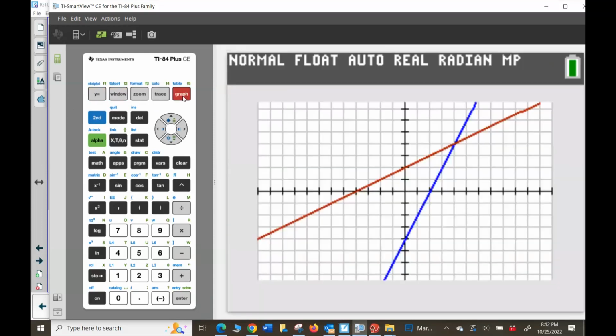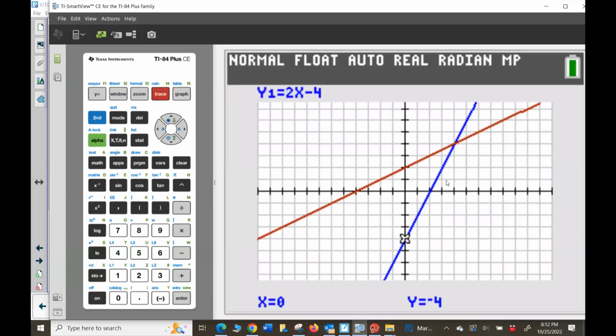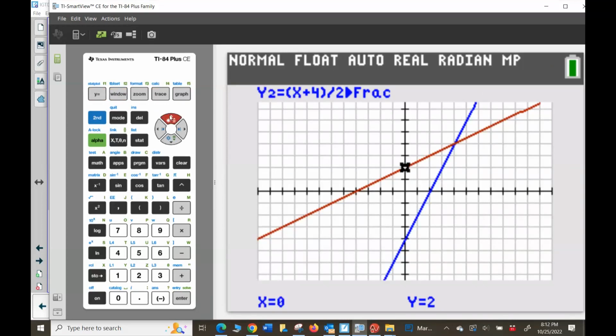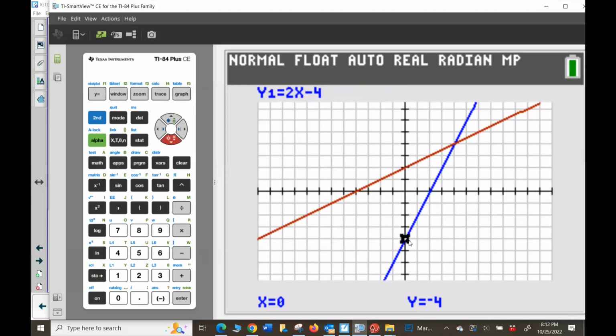So if I go ahead and graph these, at first you look, here's the blue, the original function, y equals 2x minus 4. And then the other function is the quantity of x plus 4 all divided by 2. One of the things I would want my students to notice is if I go down here at 0, -4, if these are inverses of each other, then if I interchange the x and y coordinates, it should be on the other one.